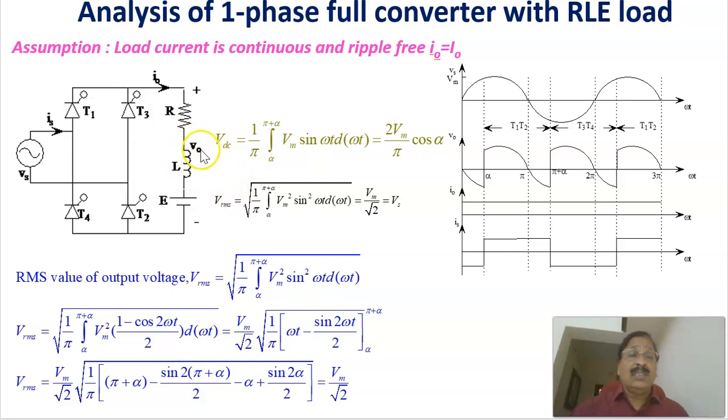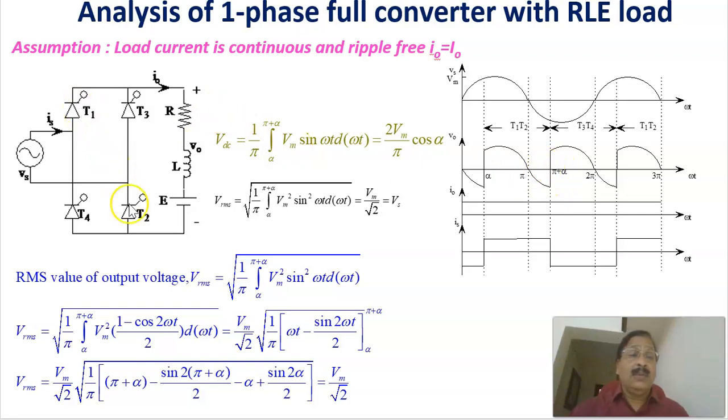Because of the inductance in the RLE load, the devices T1 and T2 continue to conduct until the next firing of T3 and T4. That is why T1 and T2 conduct until pi plus alpha.